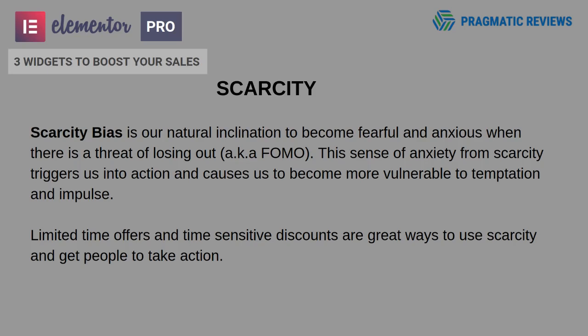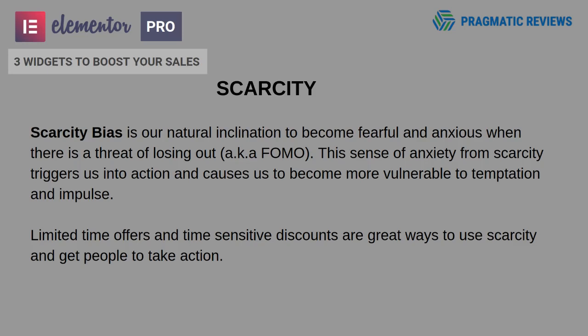This bias is our natural inclination to become fearful and anxious when there is a threat of losing out, also known as FOMO, or fear of missing out. This sense of anxiety from scarcity triggers us into action and causes us to become more vulnerable to temptation and impulse.